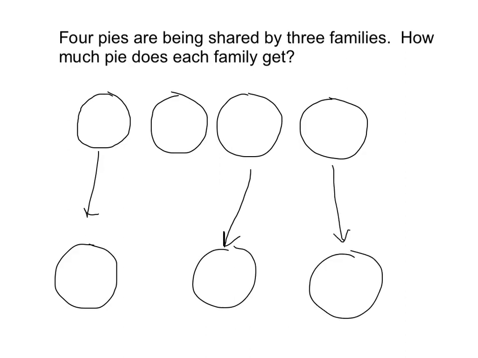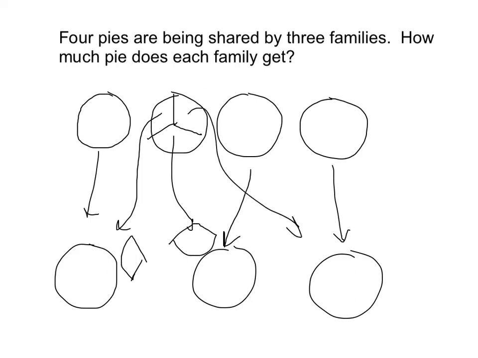And then we are going to take this last pie and divide it amongst the families. Just like so. And so each would obviously get 1 1/3 pieces of pie.